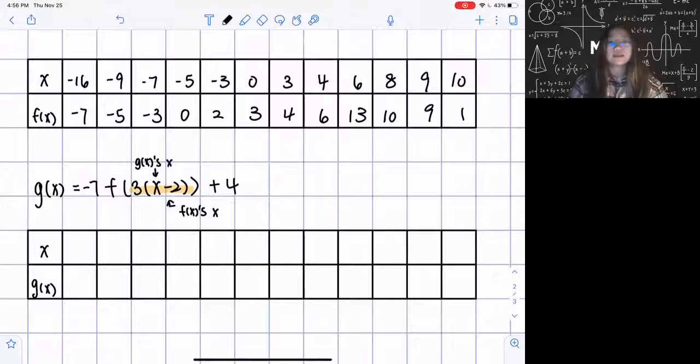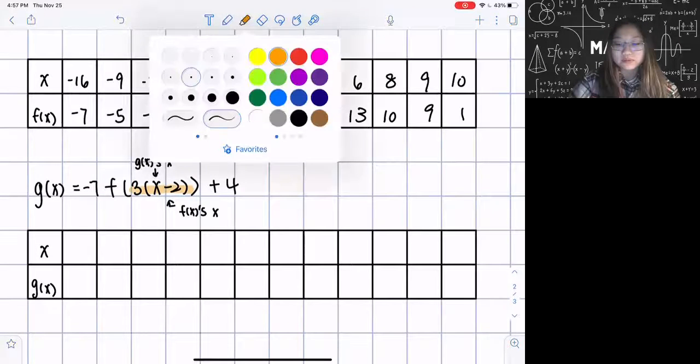That builds a relationship between g of x and f of x, so we can use this relationship to set up equations. How are we going to do that? Let me give you an example using this value over here.